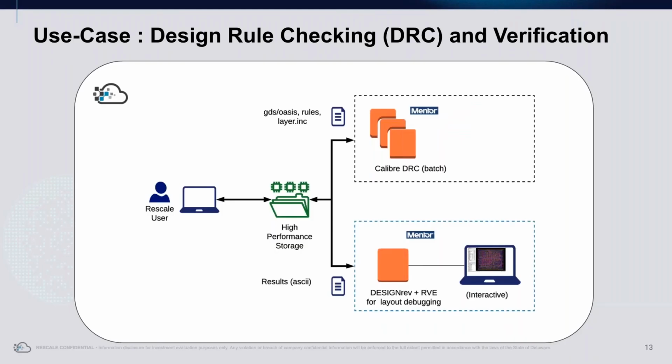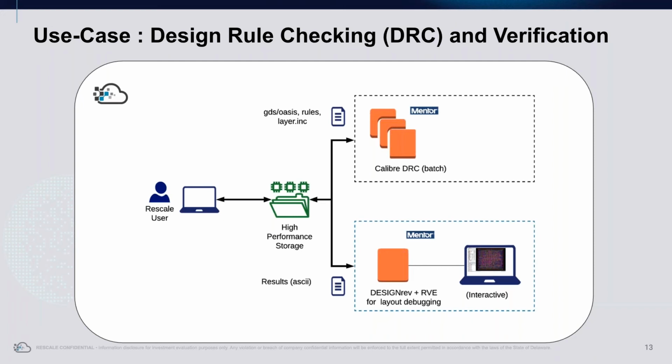In this demo, I want to focus on a use case so that it gives everyone an example of how this is set up, right? The use case we have in mind is DRC, design rule checking. If we talk to our customers and ask what are your most compute intensive workloads, DRC comes in the top three.